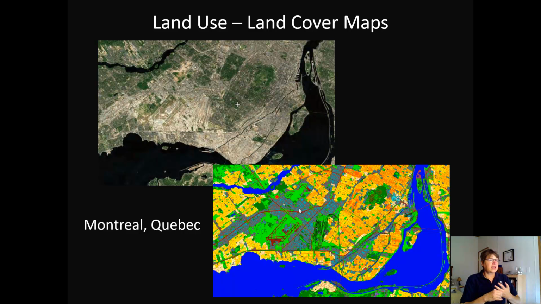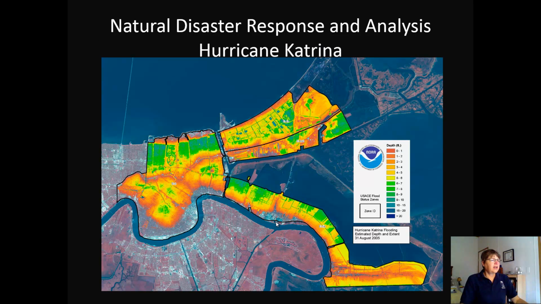This is Montreal, Quebec, you can determine what's on the ground by what's being reflected. And you are also able to look at flooded areas and do some mapping to figure out where the deepest parts of the flood were after Hurricane Katrina.